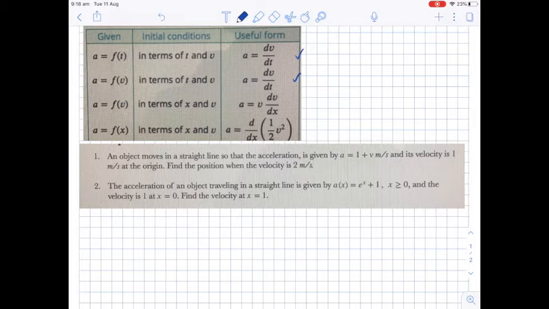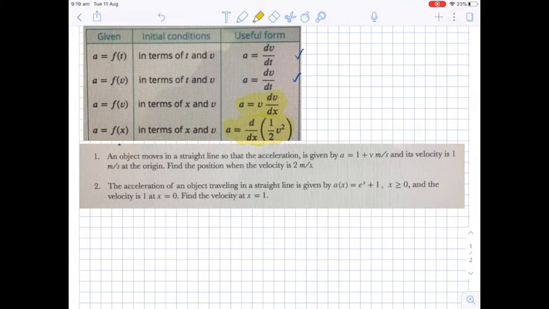That is all well and good when I know something about t, but it's possible that we can get some equations where we don't know anything about t. And in those cases, these other forms of the acceleration rate of change are really useful because it keeps the variables in the equation all in terms of x and v.